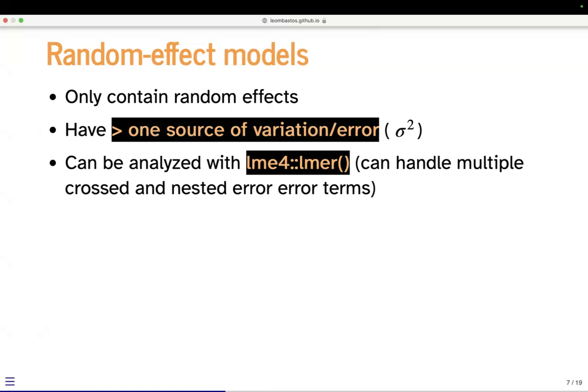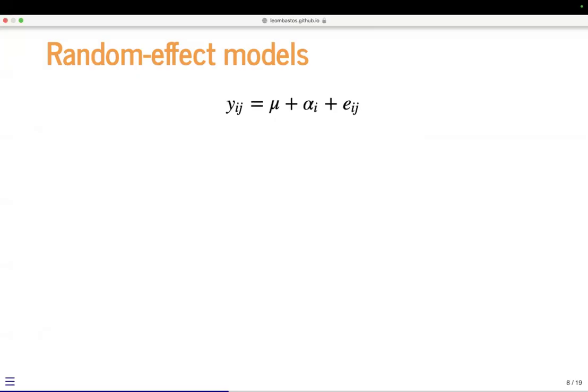The most popular is the package called lme4, and the function is called lmer. Another package is nlme, with the function name lme. They're all kind of similar, but this is just one example. lmer can handle multiple crossed and nested error terms or random effects and their associated variance terms.